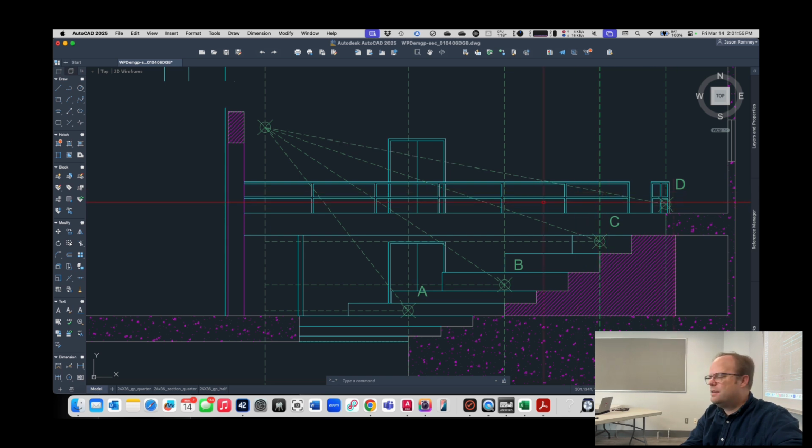You're looking for that spot that creates that little triangle where that distance is hopefully half as far as that distance. Or close, it doesn't have to be perfectly half.